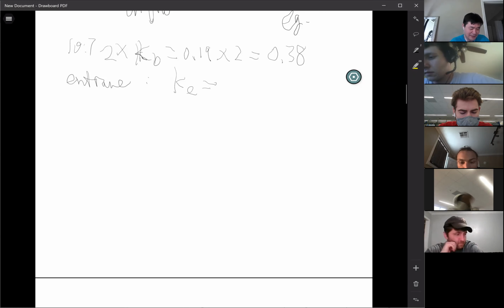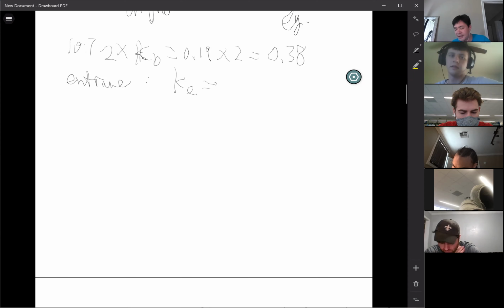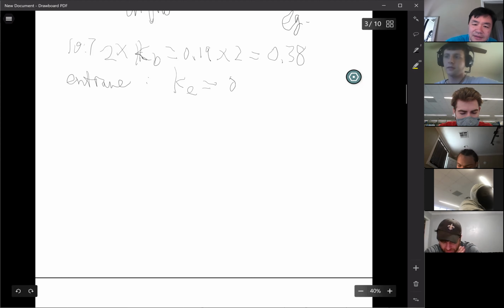It also requires an R over D, right? So it's a sharp entrance, so R over D equals 0. It's sudden, it's not a gradual change. So what is the K entrance? 0.5. It said R over D equals 0. Is that right?